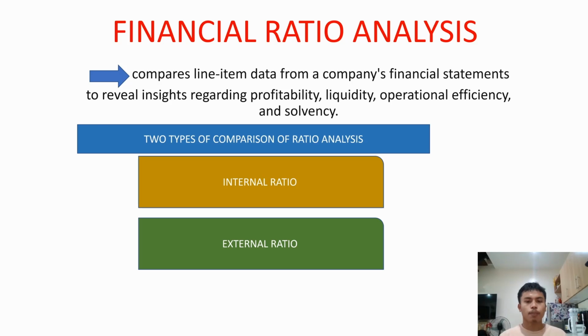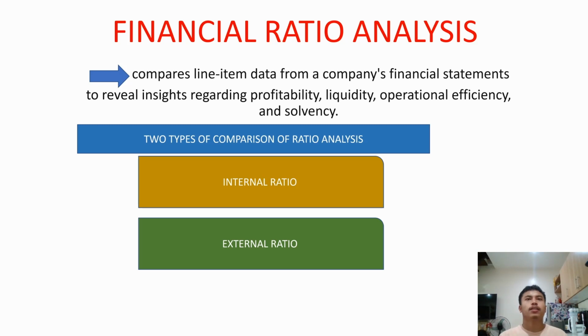There are two types of comparison in ratio analysis: the internal ratio and the external ratio. The internal ratio can be analyzed from a historical perspective, determining the trend of the ratios and comparing it to the expected future ratios for the company, which can assist management in decision making.